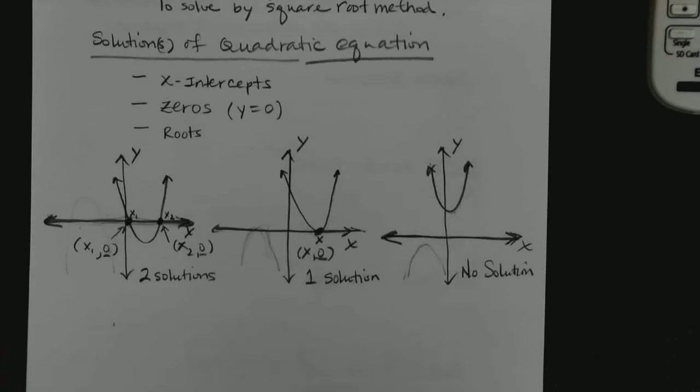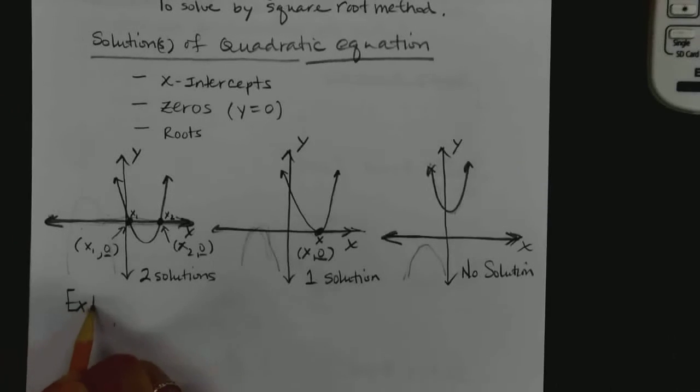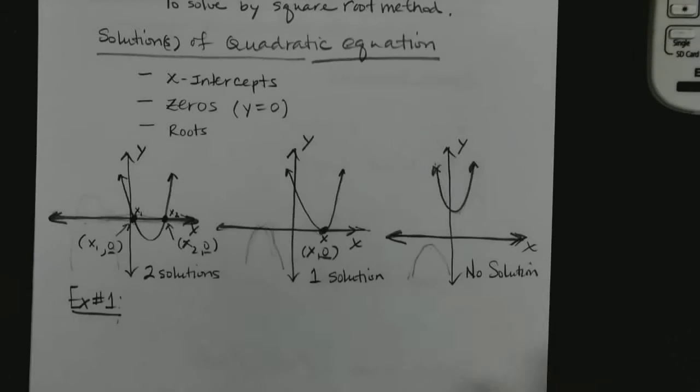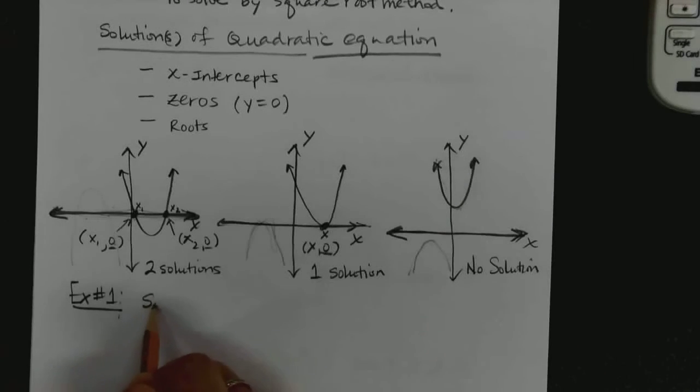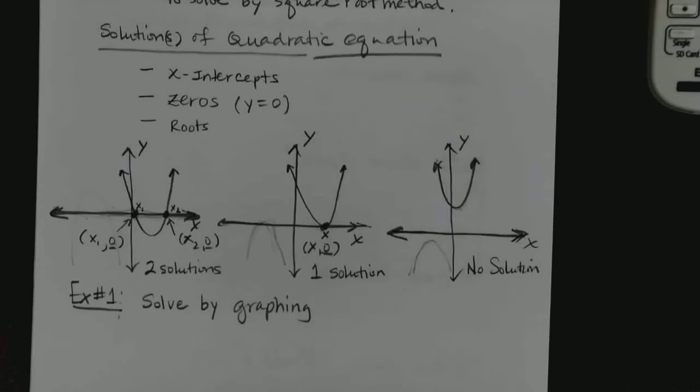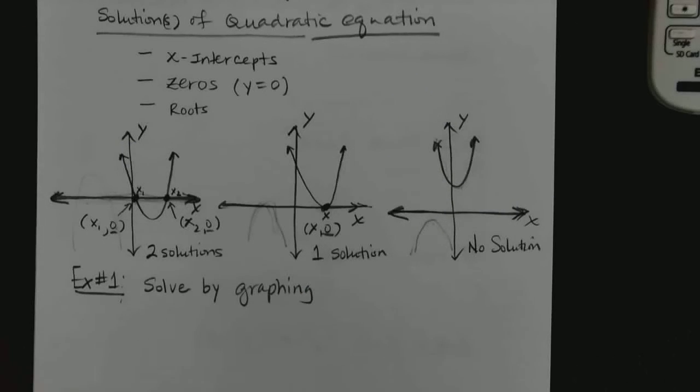Okay? All right, so now I'm going to start. I hate solving by graphing, but when it says to solve by graphing, I'm going to show you how to do it. Sometimes when solving by graphing, you can't find the exact location every time. So what I want you to do for today is tell me how many solutions you're going to end up with.